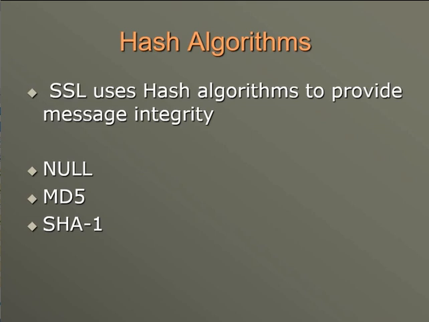In case of MD5, the 2 parties may choose MD5 as the hash algorithm, and in this case a 128-bit MD5 message digest is generated. Whereas in SHA-1, the 2 parties select SHA as the hash algorithm, and in this case a 160-bit SHA-1 hash is used.